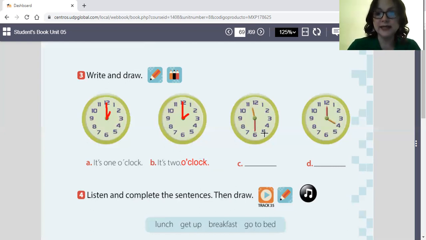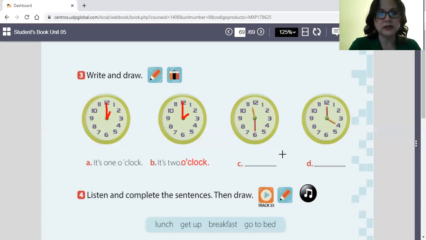We're going to write. The short hand is in number 11 and the long hand is on the number 6. Remember, if the long hand is in number 6, it's 30 minutes, okay? So it's 11.